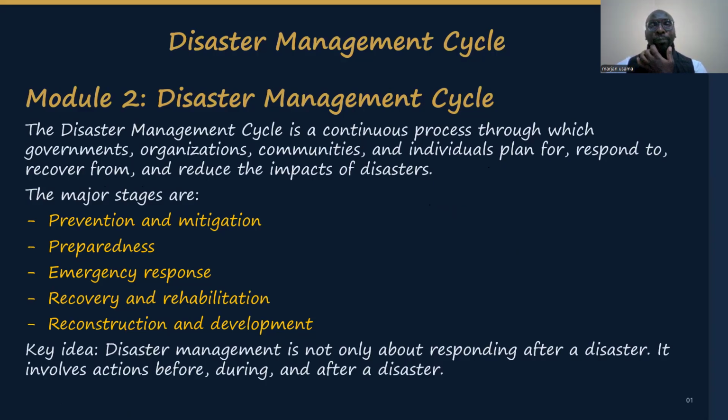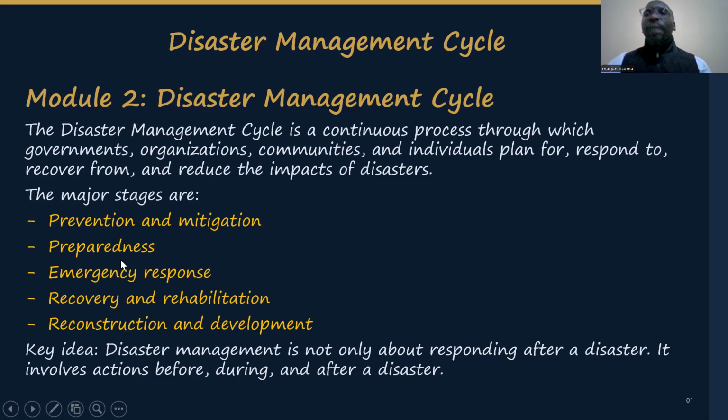Remember, in our last lesson, we clearly stated that the main objective of disaster management is not to avoid the disaster, but it is to minimize the what? To minimize or reduce the impact of disaster. Now, when you're talking about the major stages of the disaster management cycle, they are, number one, we have prevention and mitigation.